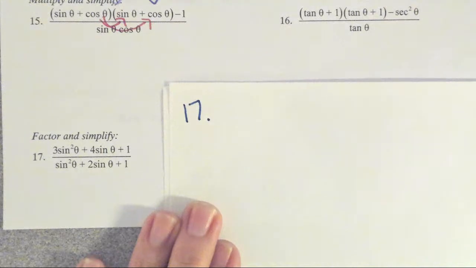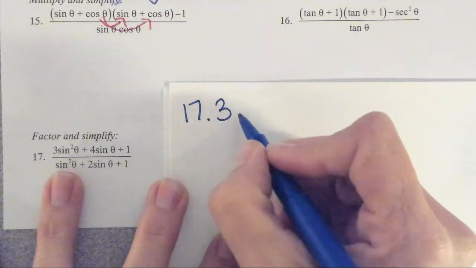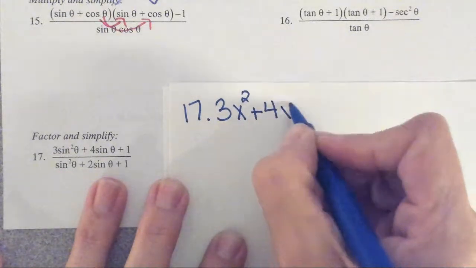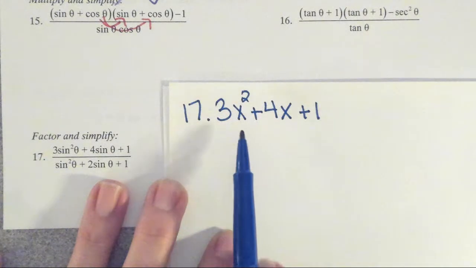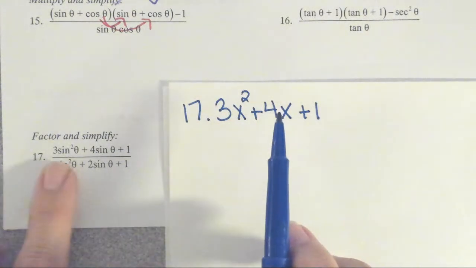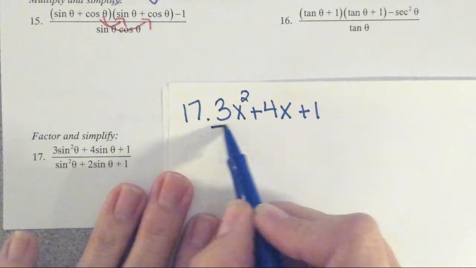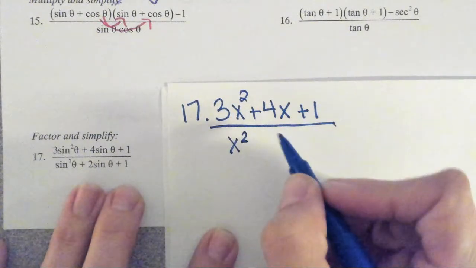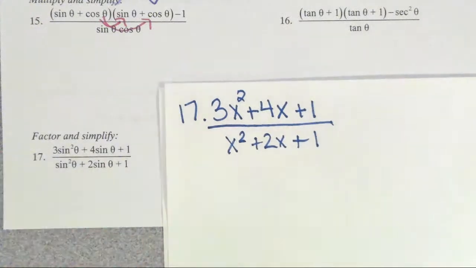And the variable I'm going to pick is x. So I'm going to rewrite this as 3x squared plus 4x plus 1 all over x squared plus 2x plus 1. Everywhere I saw sine, I just replaced it with an x.